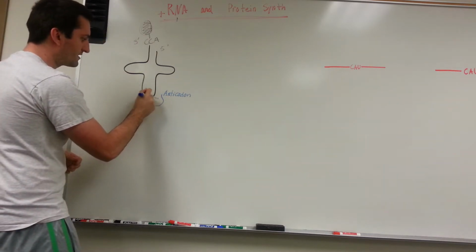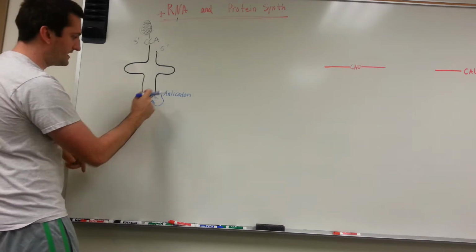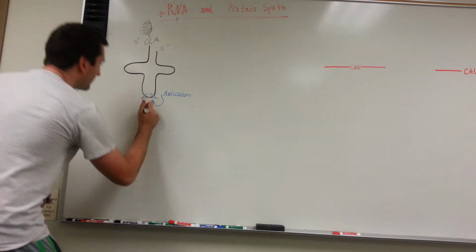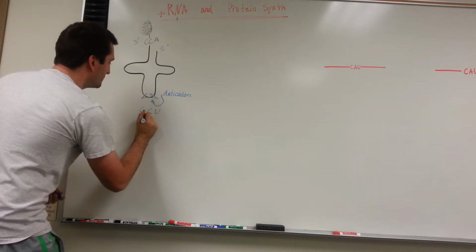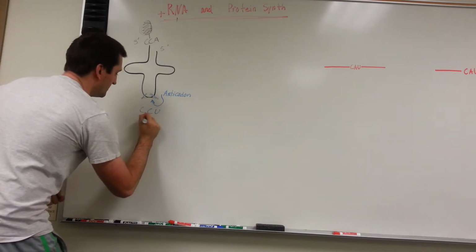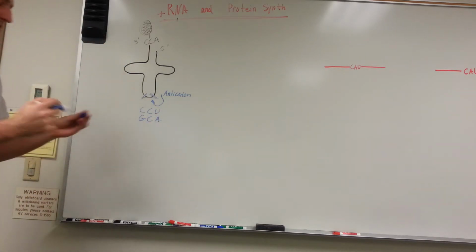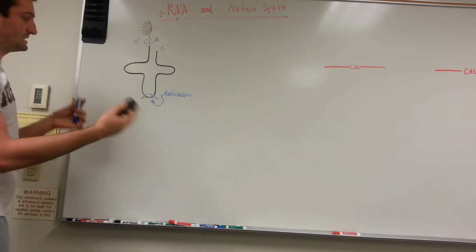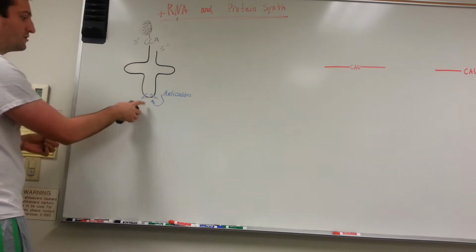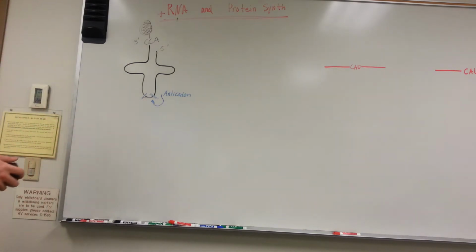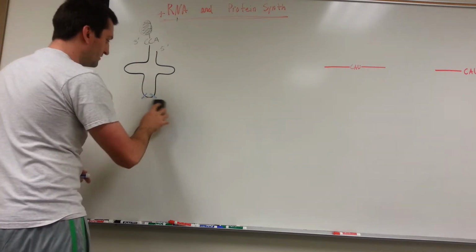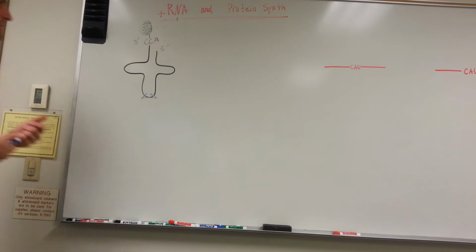That sequence would be a triplet, like CCU, GCA, whatever it wants to be. However, we'll find out later that it is specific, but just notice that it is a triplet. There are three different codes here.